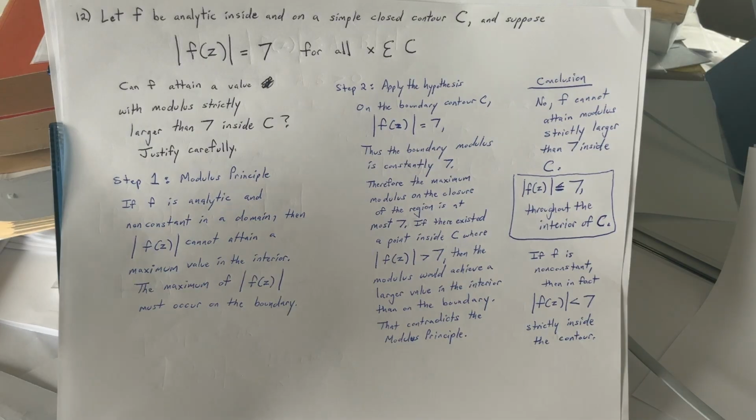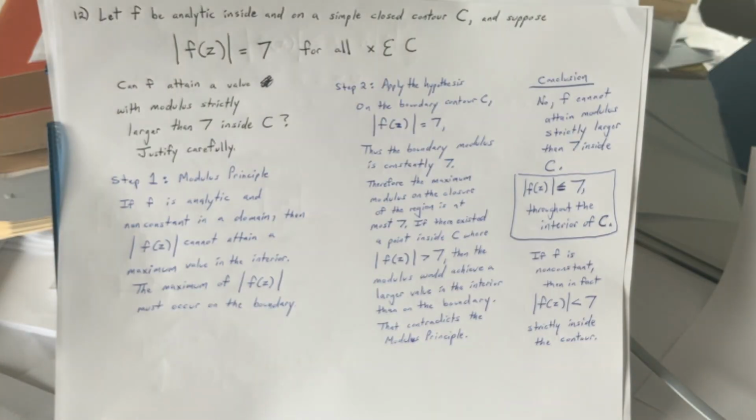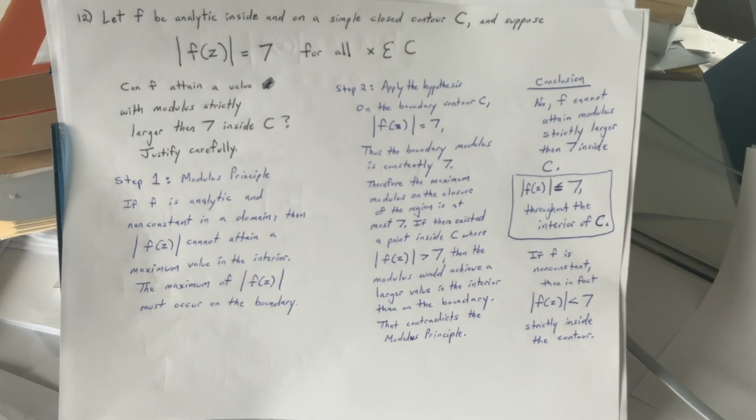Now from there we could arrive at our conclusion. Let's go back to the question: can f attain a value with modulus strictly larger than 7 inside C?